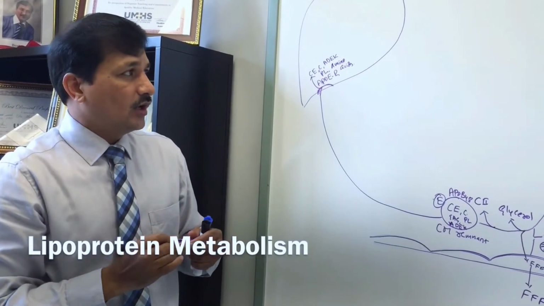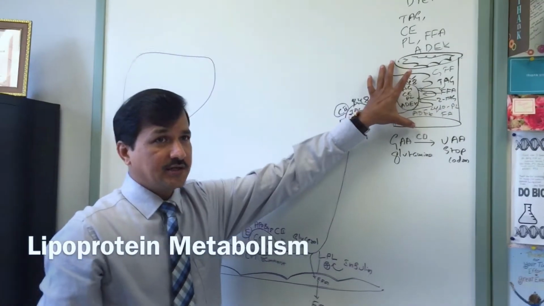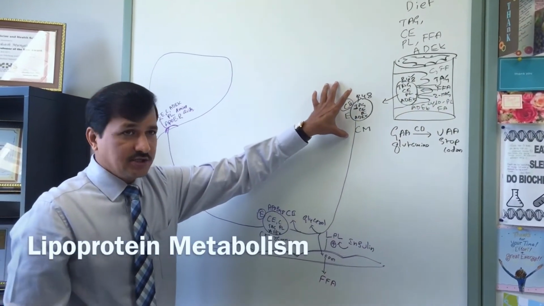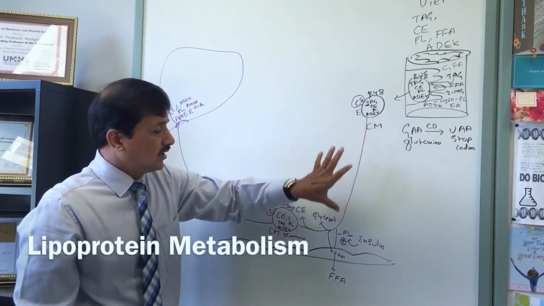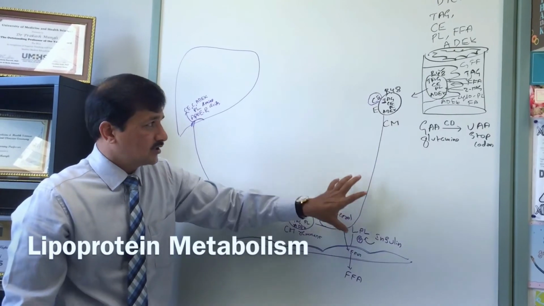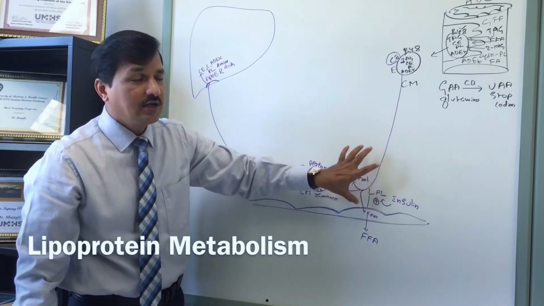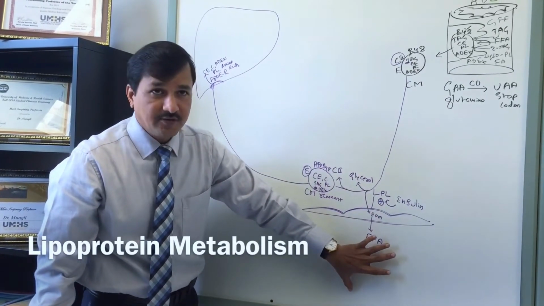Overall in this metabolism, what we have seen is that chylomicrons are formed in the intestine. They mature in the circulation by gaining ApoC2 and ApoE from HDL. Then lipoprotein lipase is activated by ApoC2 and degrades triacylglycerol into free fatty acid and glycerol. Free fatty acid is used by the peripheral tissue.